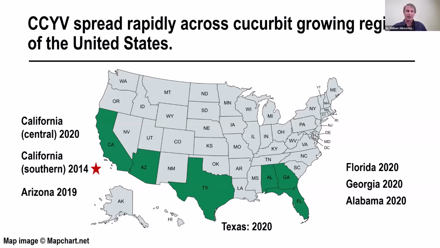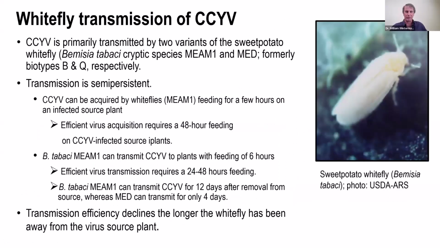We found out the virus had actually been present since 2014 in Southern California and ultimately that Southern California, Arizona area. The virus rapidly spread to other parts of the country, was identified in 2020 in Texas, Alabama, Georgia, and Florida, as well as in the Central Valley of California. So once it spread, it went everywhere all in one short period of time.